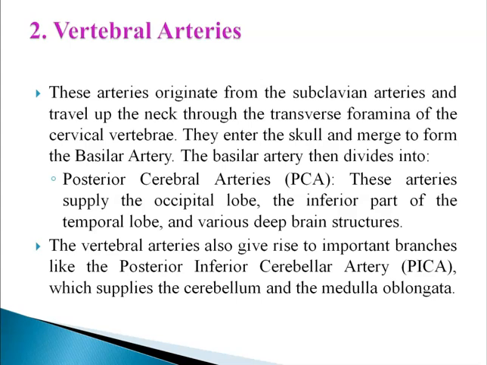These arteries supply the occipital lobe and also the inferior part of the temporal lobe and the various deep brain structures. The vertebral arteries also give rise to important branches like the posterior inferior cerebellar artery, which supplies the cerebellum and also the medulla.